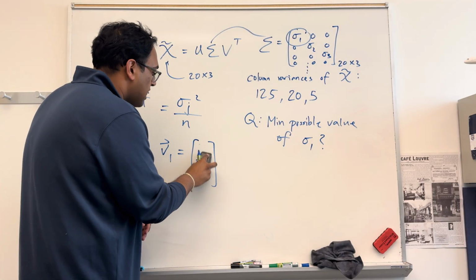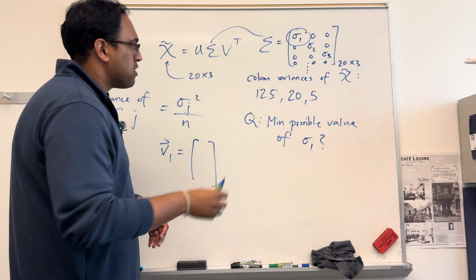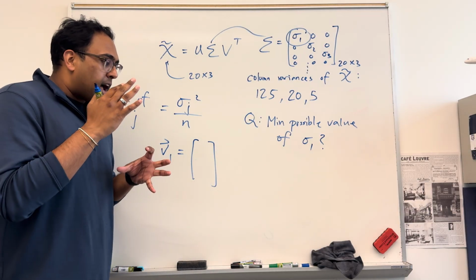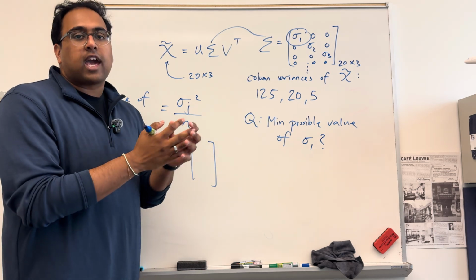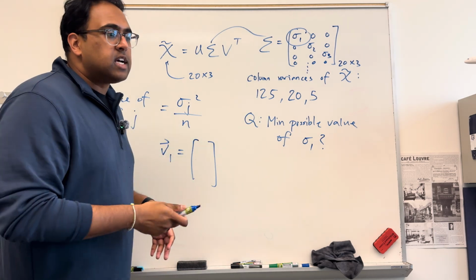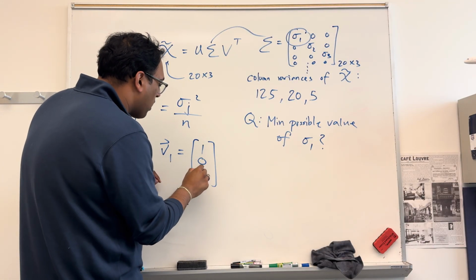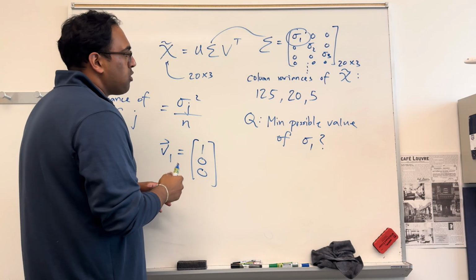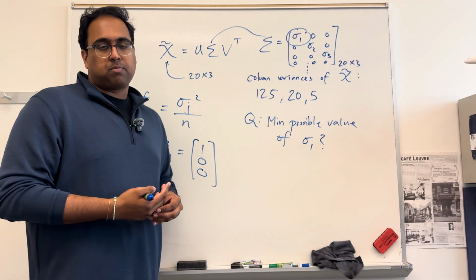What I'm saying is, I don't actually have the information in X. What I do know are the variances of the 3 columns, and I know that principal component 1 is designed to capture as much variance as it can, so it's got to be at least as good as picking V1 to be 1, 0, 0, which is the way, with the information that I have, to maximize the variance of the first principal component.